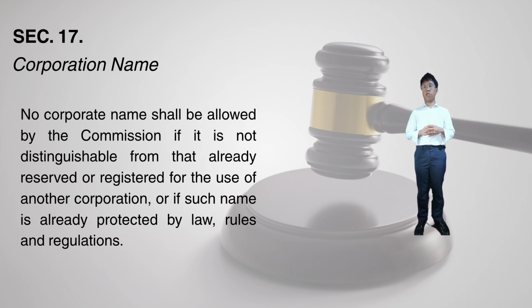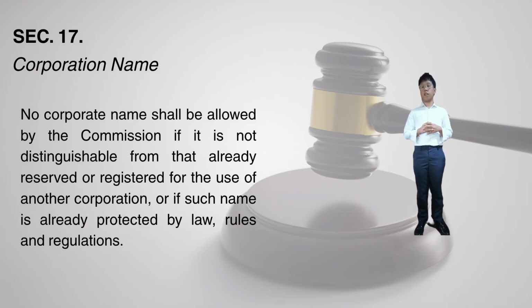Next, Section 17. Corporate name. No corporate name shall be allowed by the Commission if it is not distinguishable from that already reserved or registered for the use of another corporation, or if such name is already protected by law, rules, and regulations.